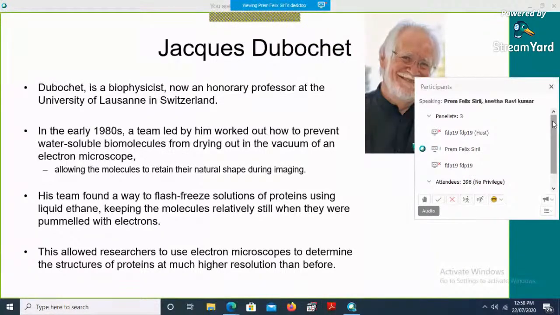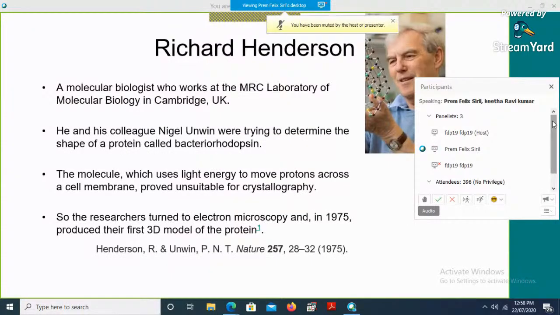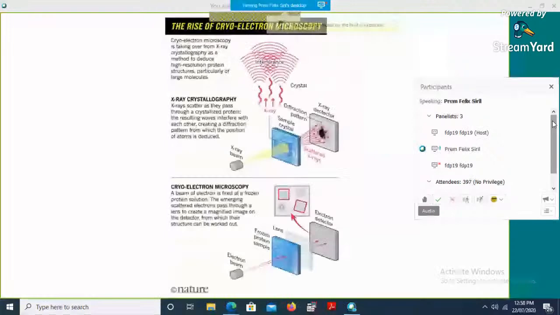Joachim Frank is a biophysicist again, and he developed the software for creating the images. And Richard Henderson is a molecular biologist. So all these three people have done extensive development in cryo-TEM for biological samples. In fact, cryo-TEM for studying biological samples is supposed to be the next big thing.